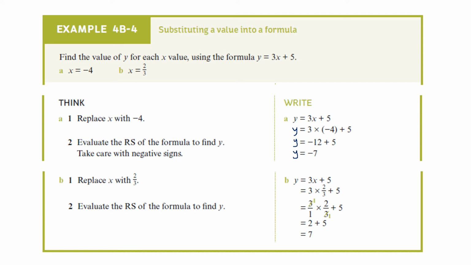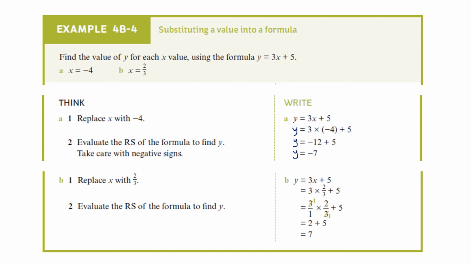Question B, we're involving now a fraction. Again, don't be scared of the fractions. You've done this before, we've done this in chapter 1. You've also worked with fractions in chapter 3, so you just need to apply the operation. 3 times 2/3. If you want to change the 3 into a fraction, we've done it here by writing it as 3 over 1. And then they've shown a cancelling out.